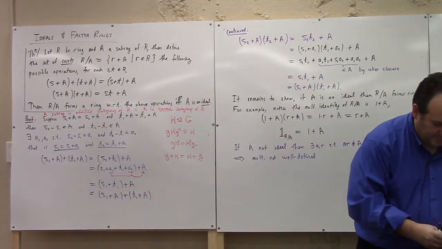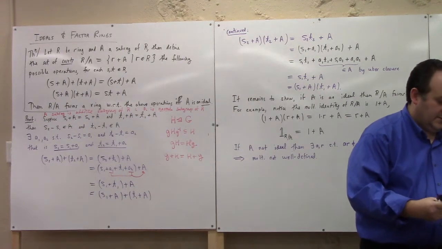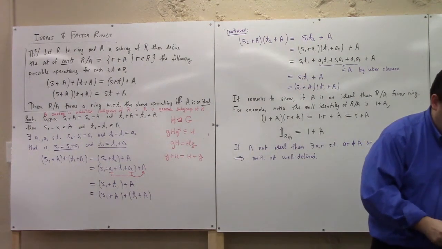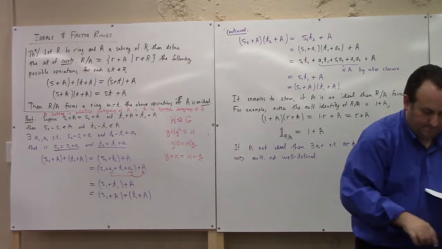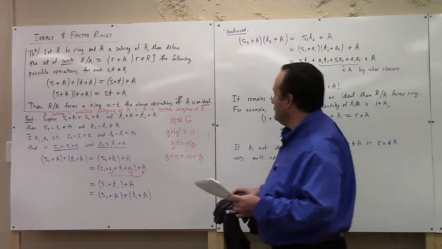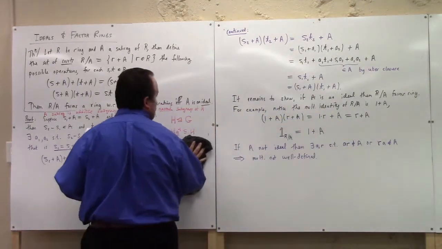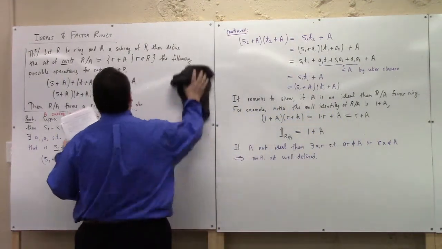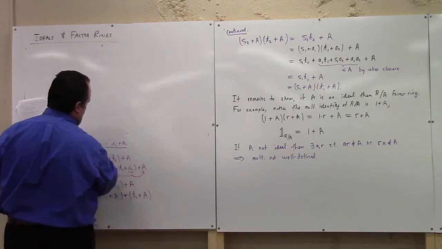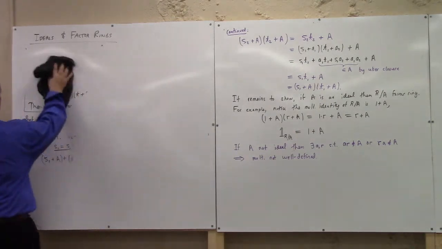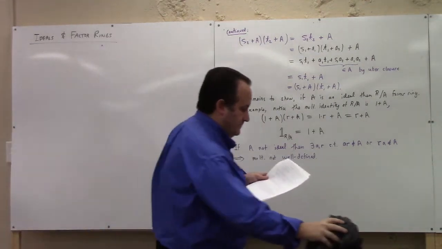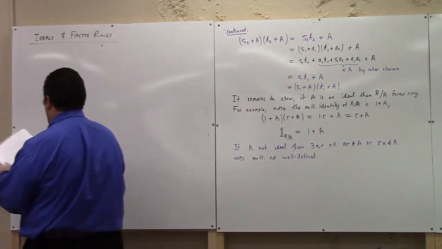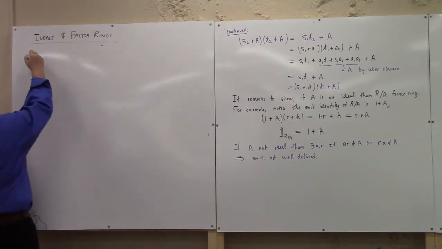All right, so let's look at an example. It's 4.2.15 anyway.